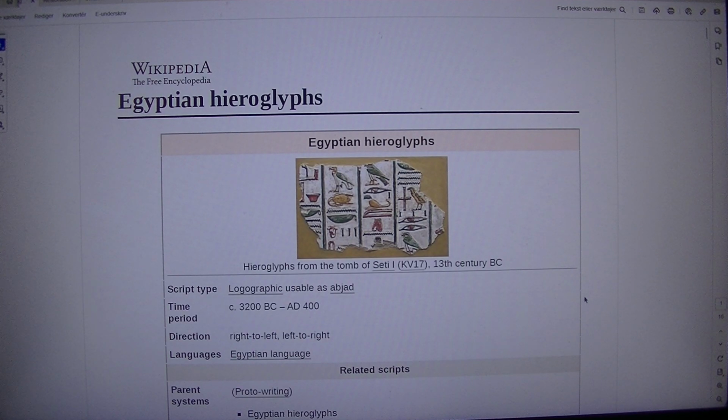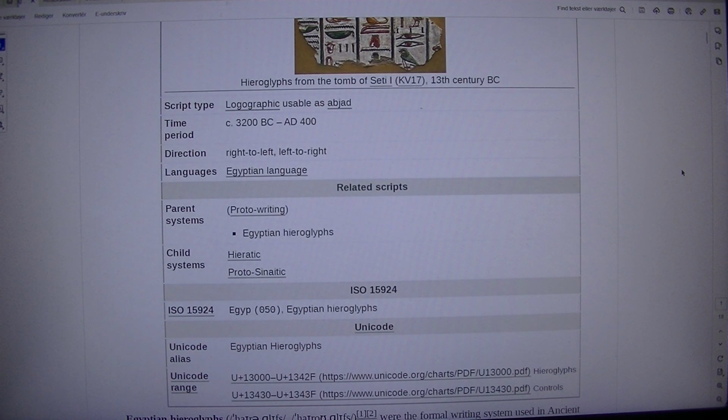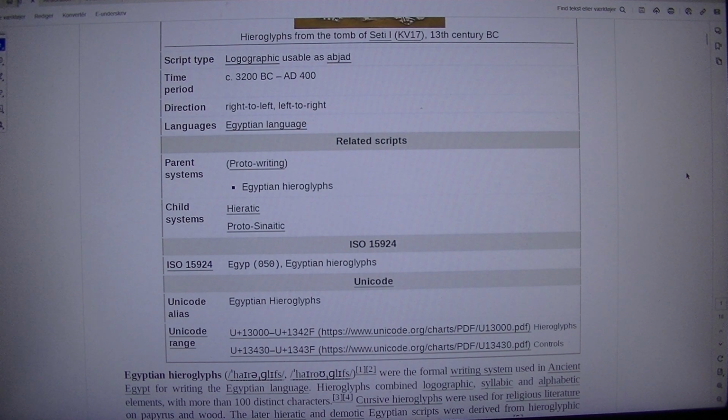Egyptian hieroglyphs. Hieroglyphs from the tomb of Seti I, KV17, 13th century BC. Script type: logographic, usable as an abjad. Time period: 3200 BC to AD 400. Direction: right to left, left to right. Language: Egyptian language. Related scripts.